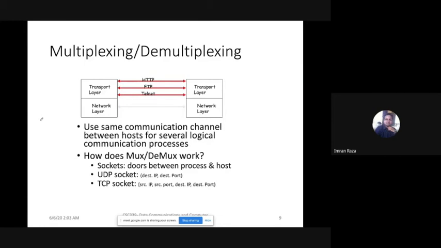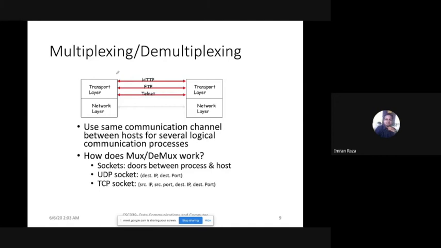So at any point in time, we are doing multiple things using our machine or PC. I'm browsing the internet. At the same time, I'm downloading or sending files. I'm maybe sending email or checking the status of another machine by running a telnet command here.